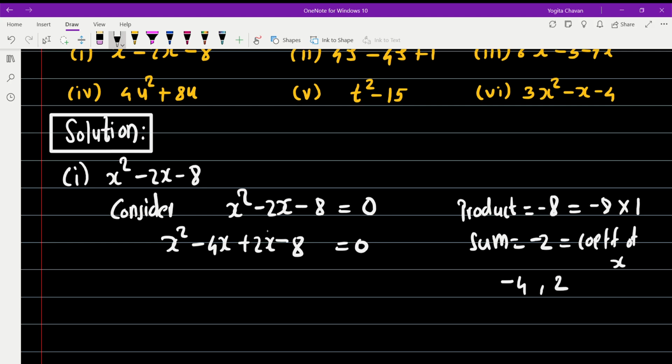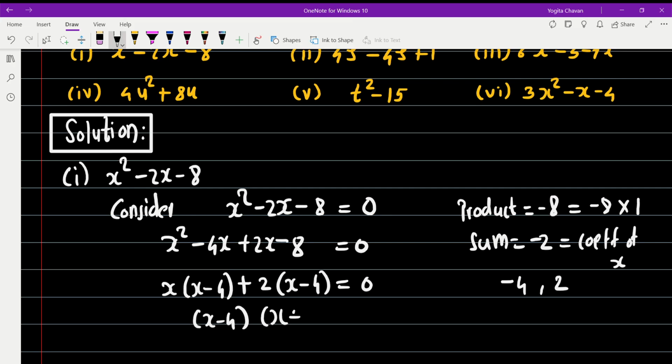Now take x common from the first two terms. So it is x in bracket x minus 4 and plus, now take 2 common from the last two terms. So 2 into x minus 4 is equal to 0. Now x minus 4 into x plus 2 is equal to 0.